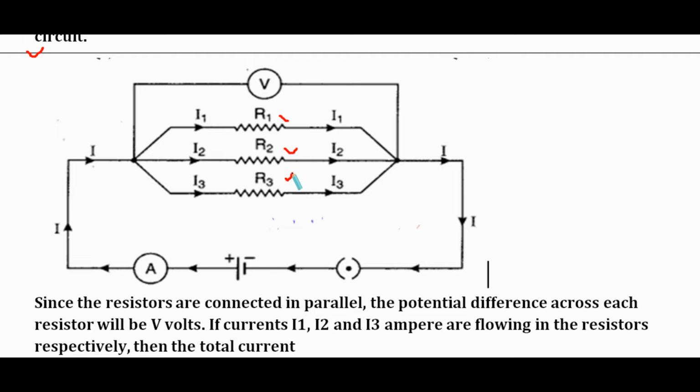R1, R2, R3 are connected in parallel, and a battery E is connected with it. The current flowing in the circuit is I, and the potential difference across each resistor is V, whereas the currents flowing in the resistors are I1, I2 and I3.